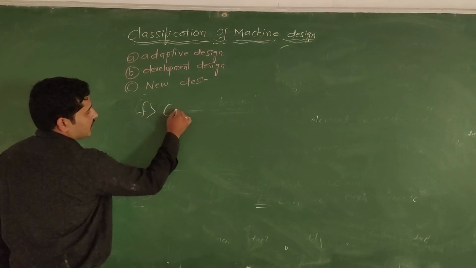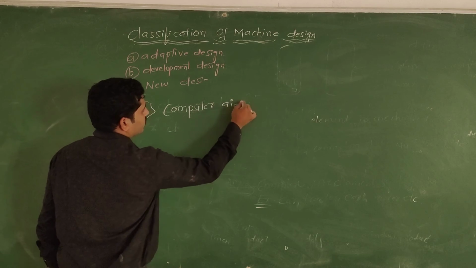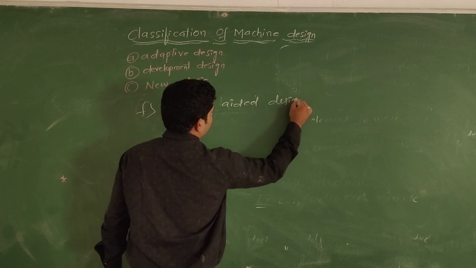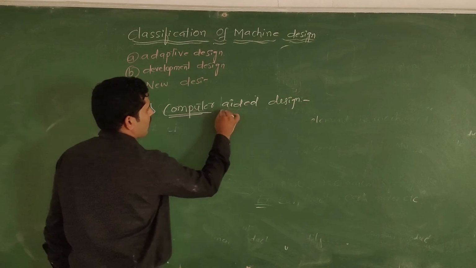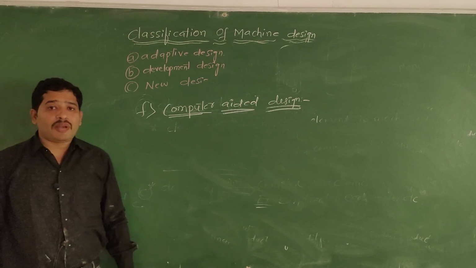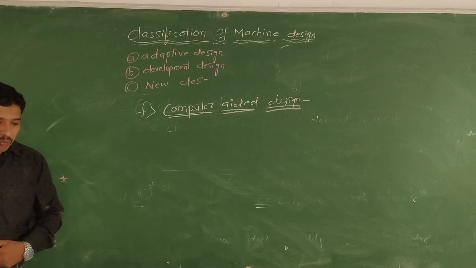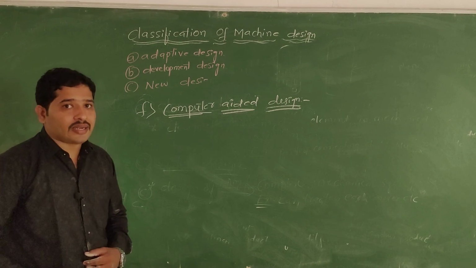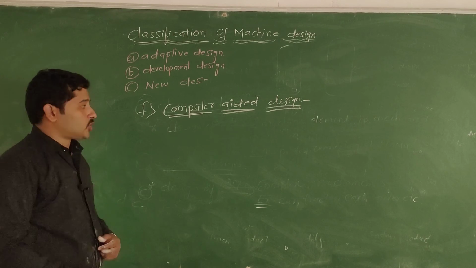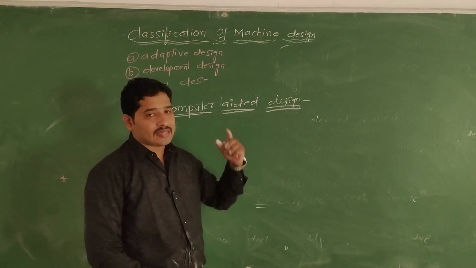In this design, the design is completely dependent upon the computer system to assist in making or creating any type of model, and we also analyze that model. Such type of design we call computer aided design.